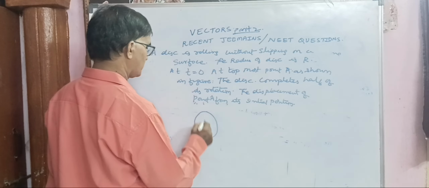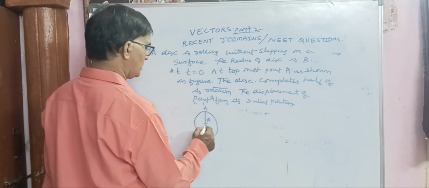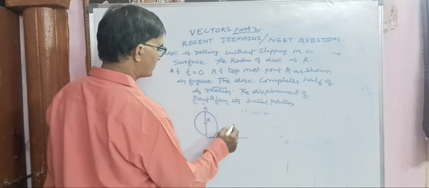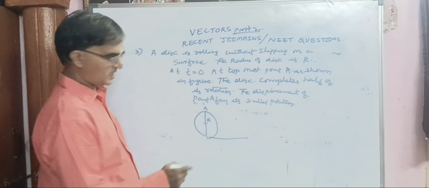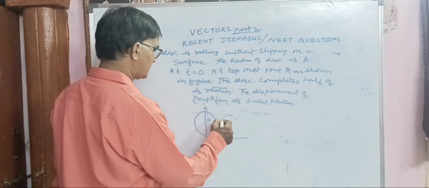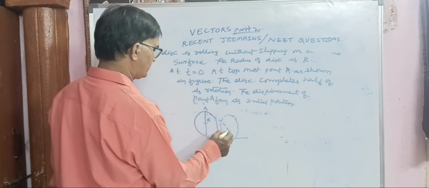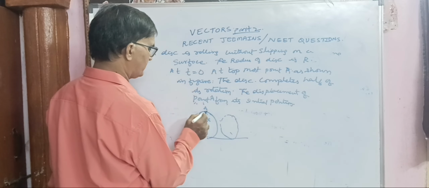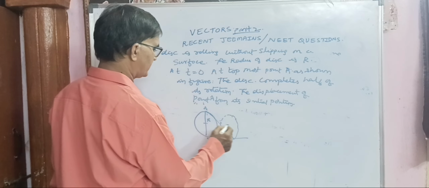A is the point, r is the radius. Now it is making a half rotation. Half rotation means what happens here? This point will be down. So it is making a semicircle.